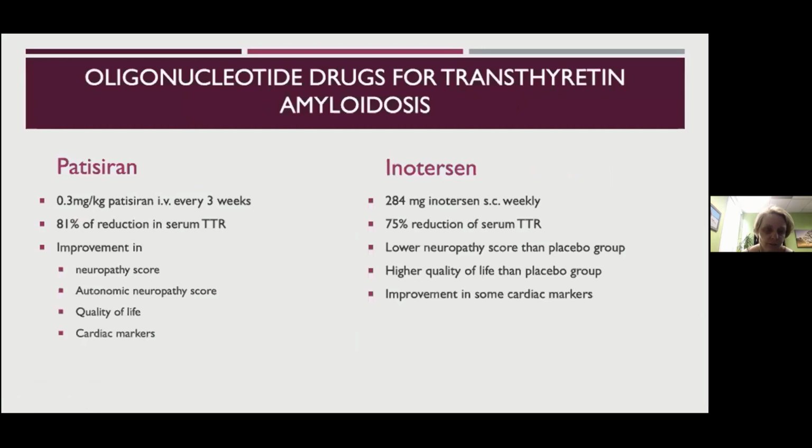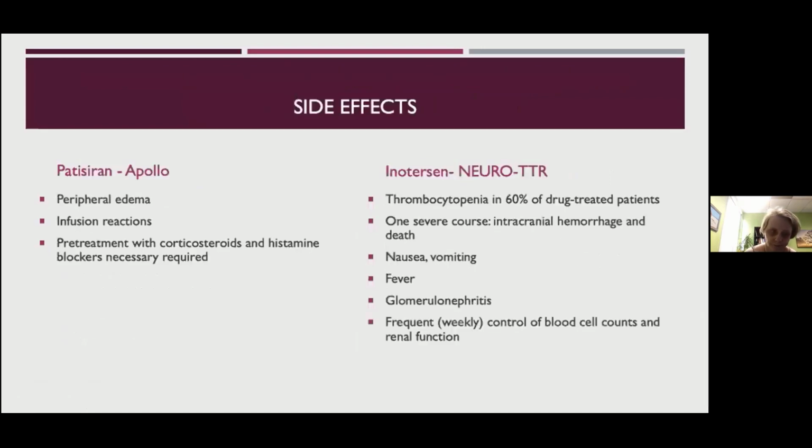It led to an 81% reduction in serum TTR, improvement in neuropathy score, autonomic neuropathy score, quality of life, and cardiac markers. Inotersen is given subcutaneously weekly. It had a 75% reduction of serum TTR. It also showed lower neuropathy scores than the placebo group, higher quality of life, and improvement in some cardiac markers.